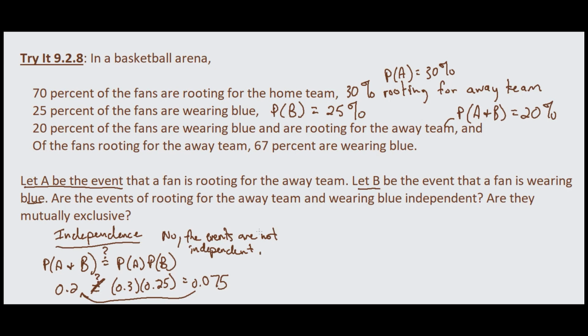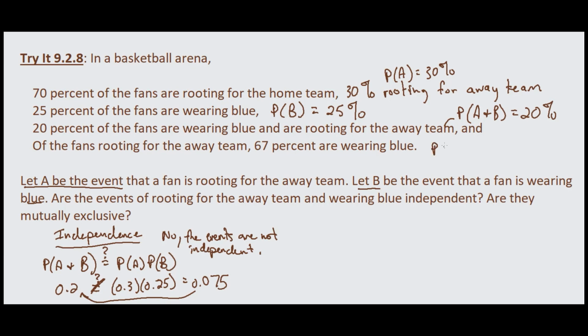Now we could also use other probabilities that were given. Remember, conditional probability: the probability of B given A is going to equal the probability of B if they're independent. But it doesn't equal the probability of B because we're given in this, of the fans rooting for the away team, 67% are wearing blue.